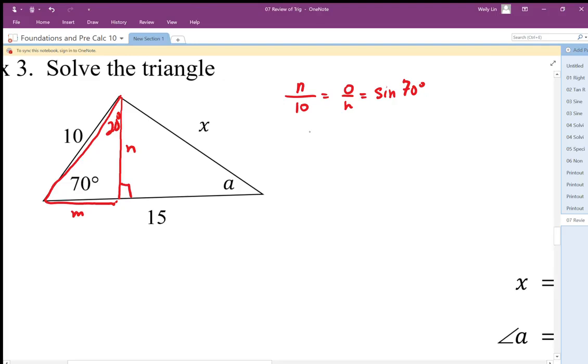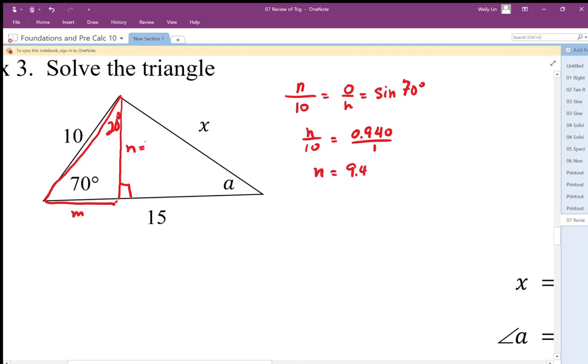Sine 70 works out to be 0.9396, so we round that to 0.94. That means the vertical side is about 94% the length of that side. We just multiply by 10, and we get the altitude N equal to 9.4.